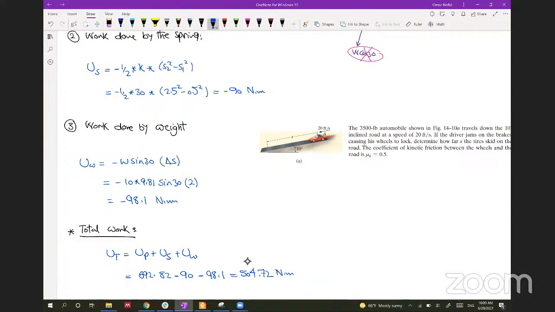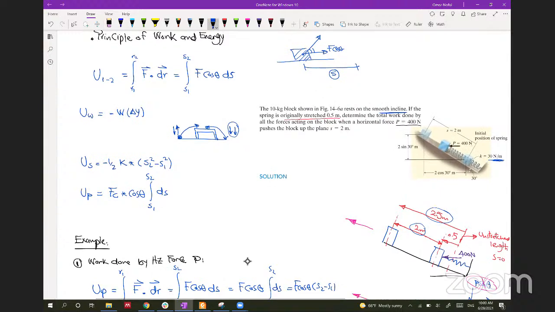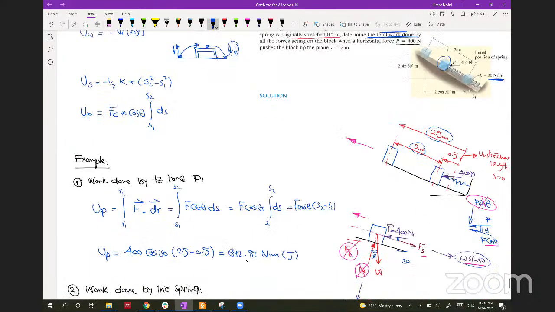This is the total amount of work exerted on this particle. So this is the only thing that needed to be determined, and this is how we can solve this problem.